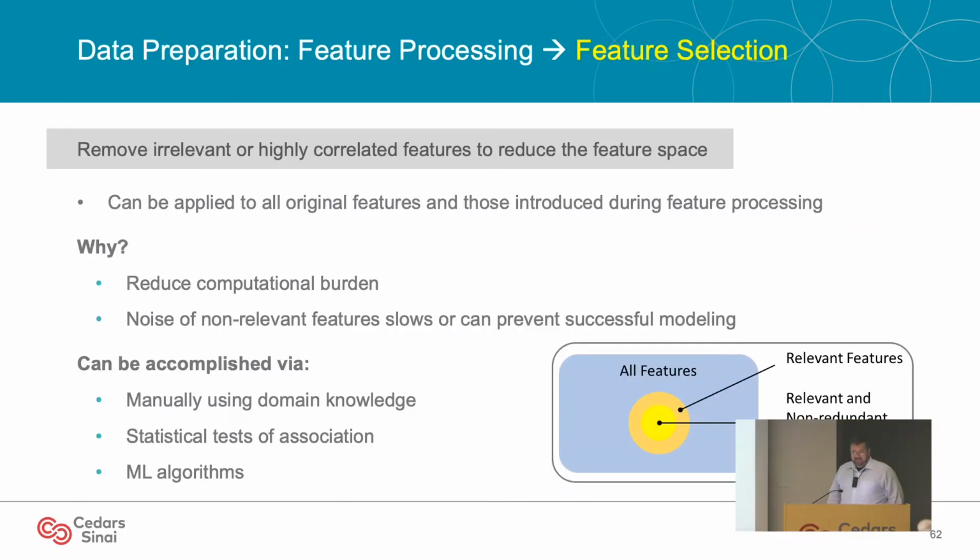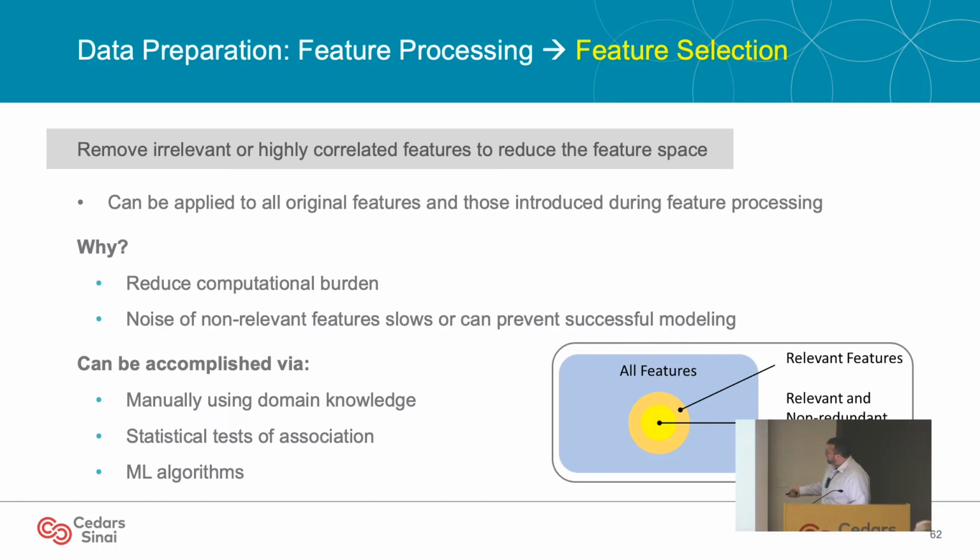All right, lastly in feature processing, we have feature selection. So the goal here is to remove irrelevant or highly correlated features in order to reduce our feature space, the dimensionality of our data set. So down here we can see here's all features, and then a subset of those are relevant. That means they have some kind of relationship with the outcome we're trying to predict.